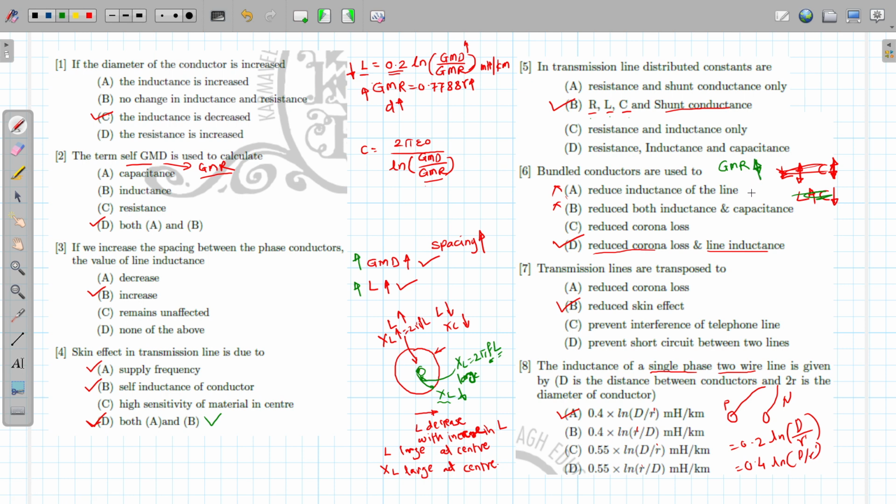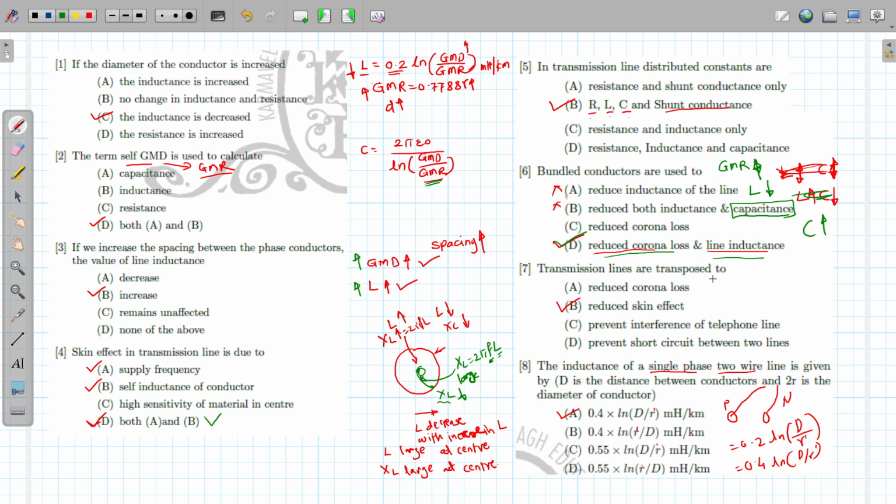As the GMR value increases, your inductance value goes on decreasing, but it will not reduce your capacitance in that case. So bundled conductor is used to reduce the corona loss as well as the line inductance. But see, the capacitance goes on increasing, so I have not selected this option, because capacitance is not reduced. As GMR increases, the value of the capacitance also increases.